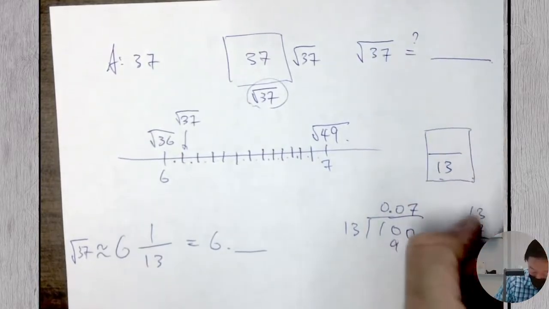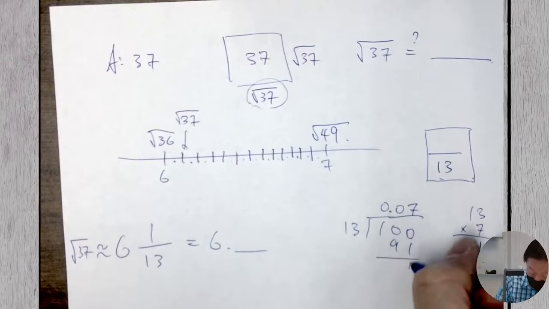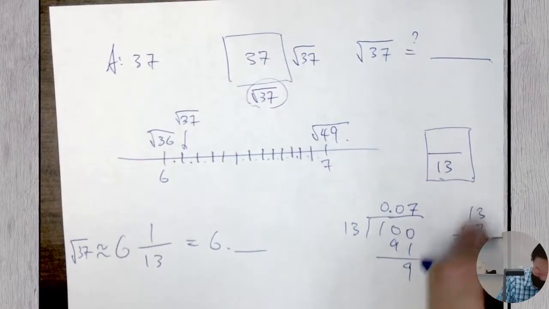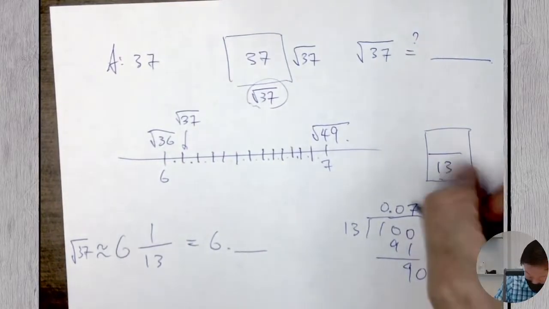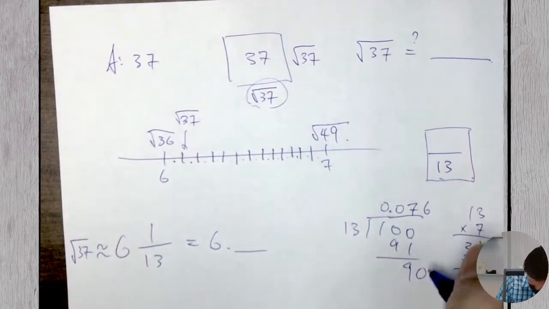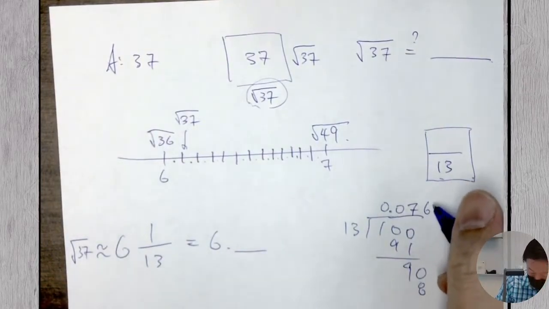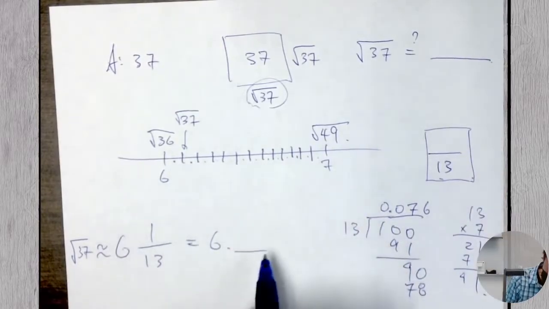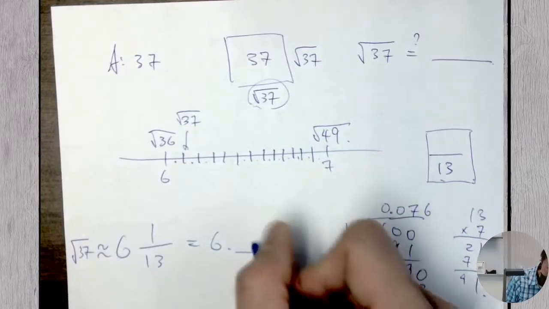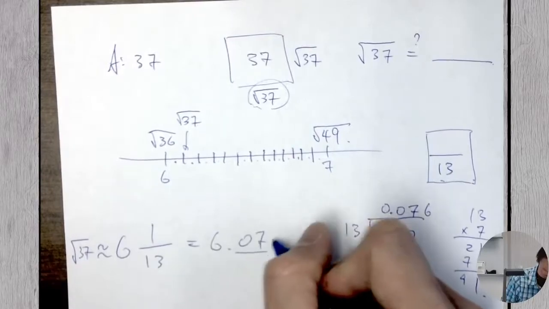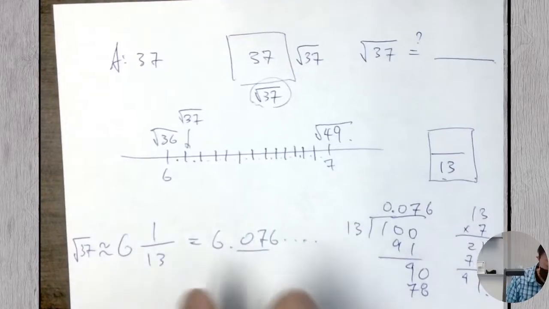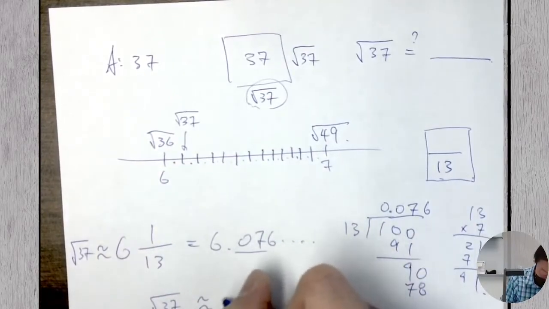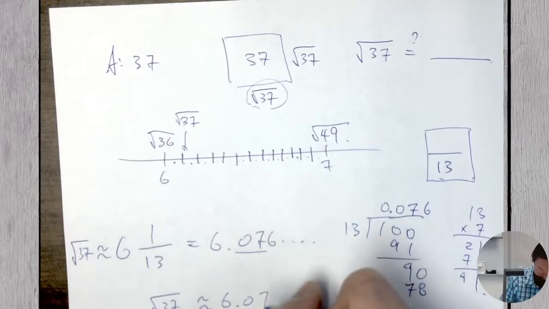So 7 times 13 is 91, and I will have 9 left, right? And then there are more numbers here, and this is going to be 6.076 and more. So I can say square root 37 is approximately equal to 6.076.